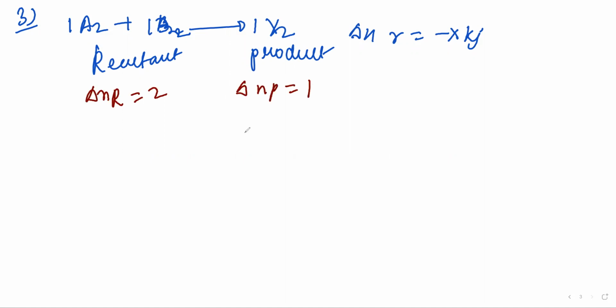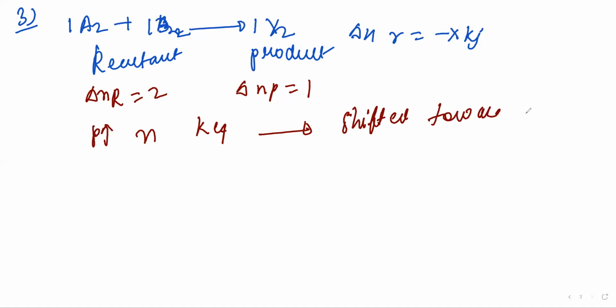So when we increase the pressure, the equilibrium shifts in the direction where the number of moles decreases, so it will shift towards the product side.